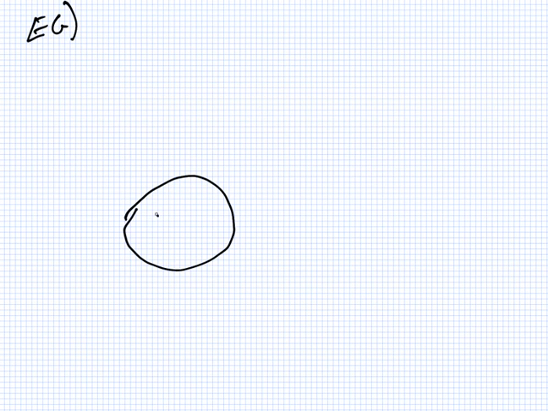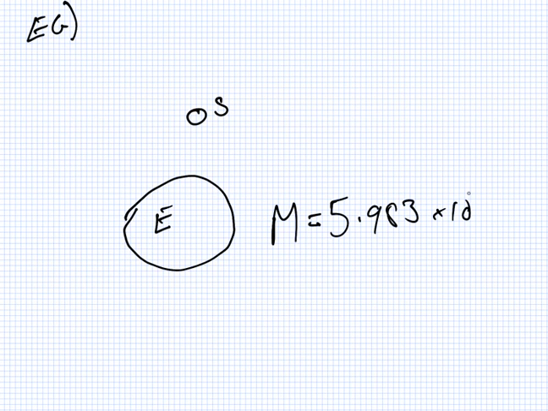So you have your Earth here, and you have your satellite here. So this is Earth, this is satellite. The mass here is 5.983 times 10 to the 24, and the mass here we don't know. And the radius of the Earth is 6378 kilometers.